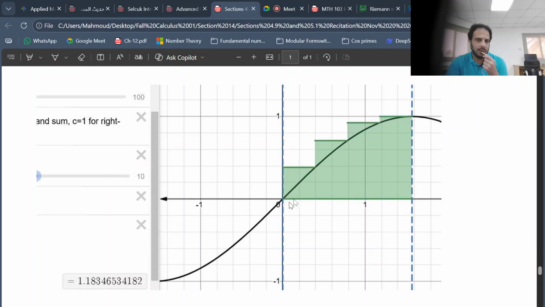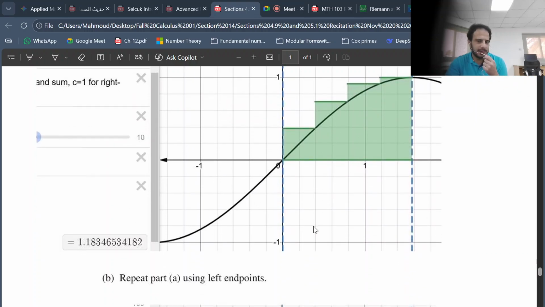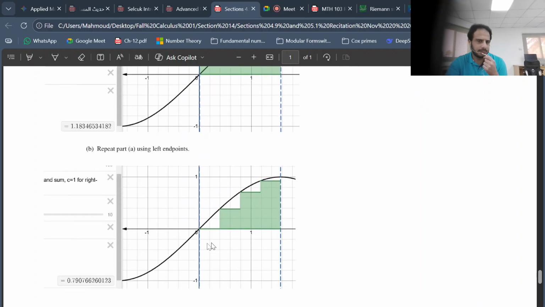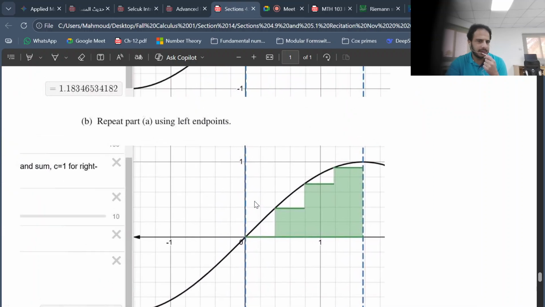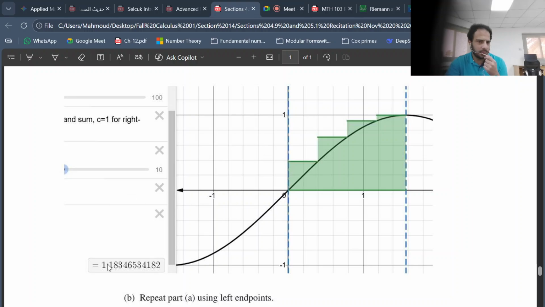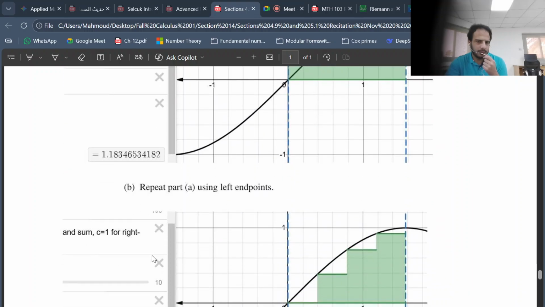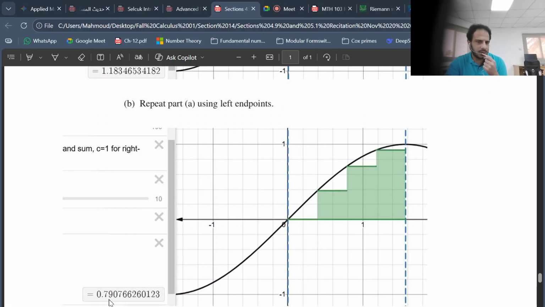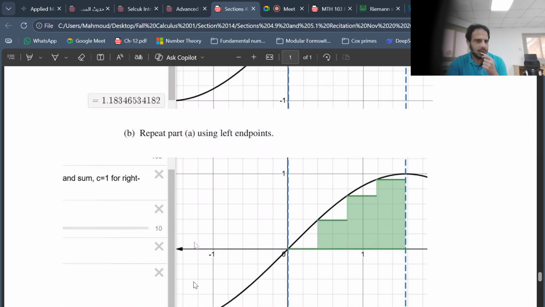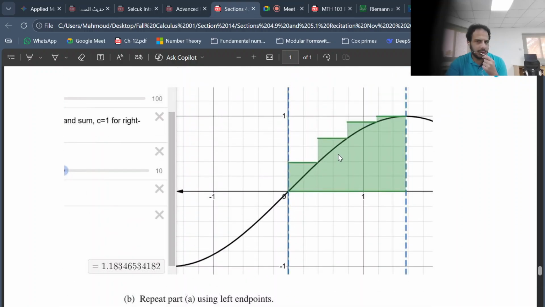So here we are using right rectangles. Here left rectangles. When you use right, you get 1.183. Using left endpoints, you get 0.79. I think for this example, the right endpoint is better, right?